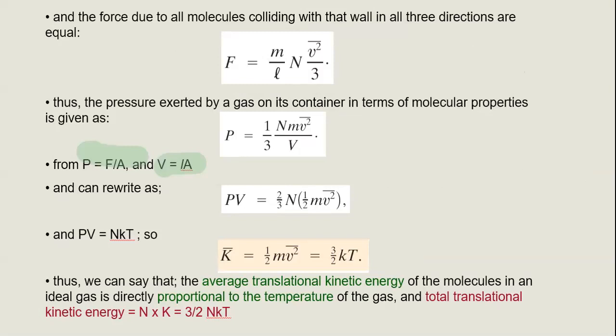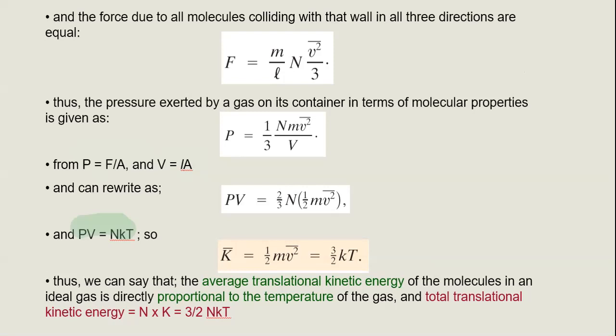When you simplify your equation, you get PV equals 2 over 3 N multiplied by half mv squared, again the average. From the previous topic, PV is equal to NkT.